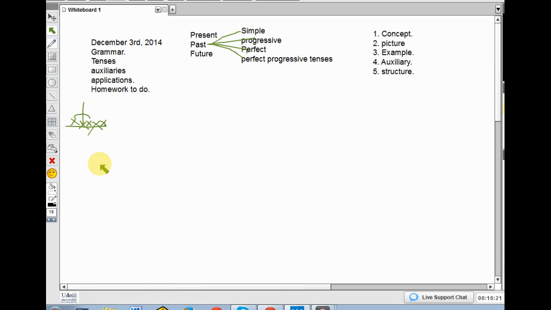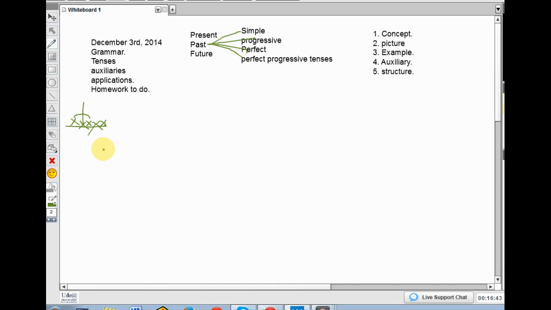Okay? Let's continue with the past perfect. I'm going to try to picture it, but the concept is, as I said, the perfect tenses, there are two tenses, and one tense depends on the other one.